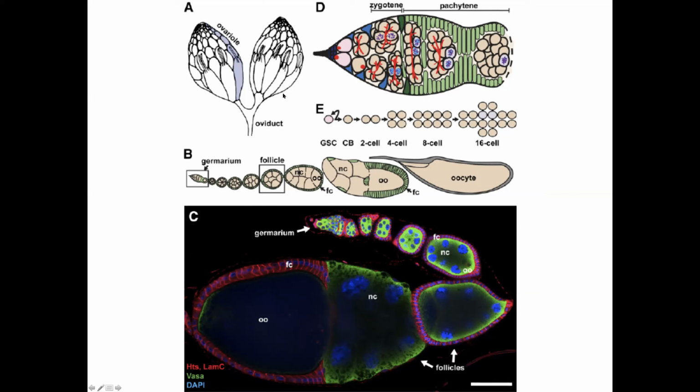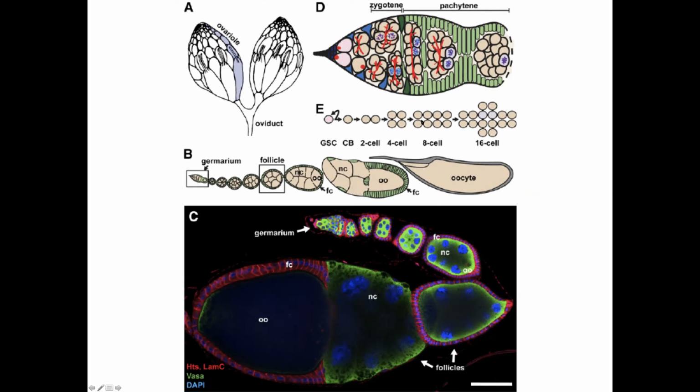So this germline actually undergoes 4 rounds of divisions. Now, the divisions here are not complete, meaning that the cells that form are connected to each other by these ridges that you can see here.